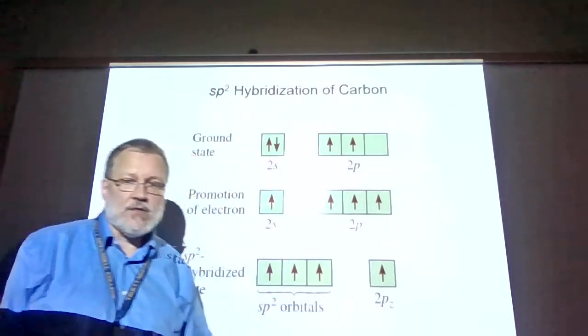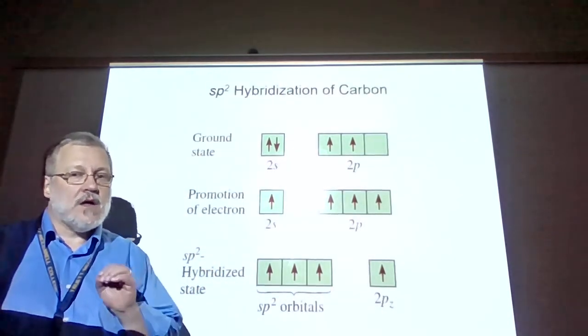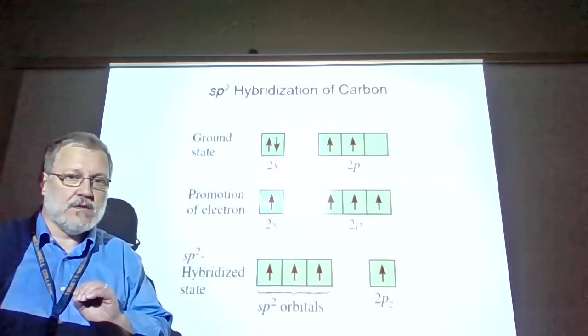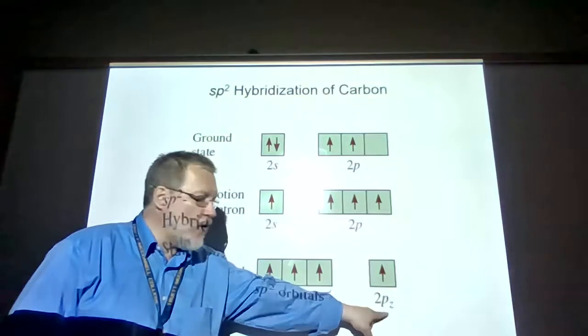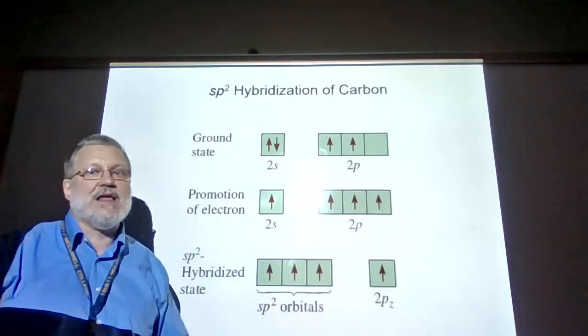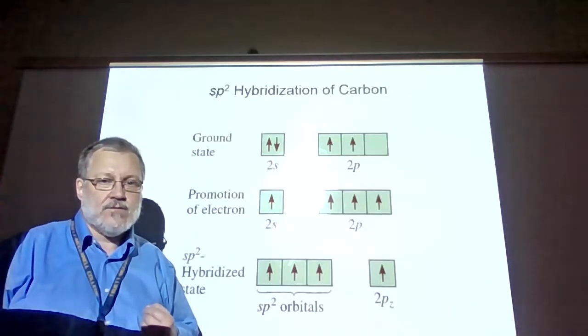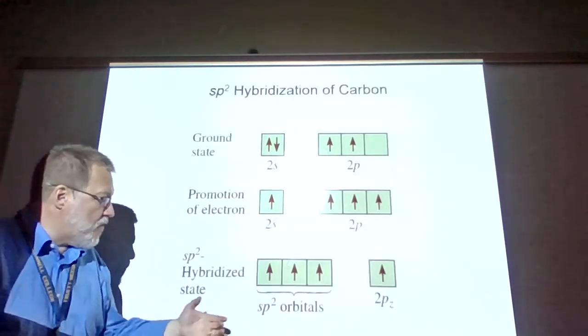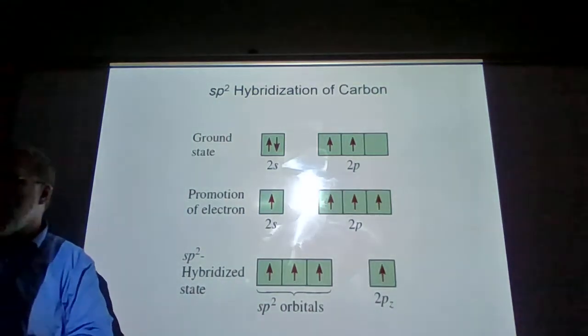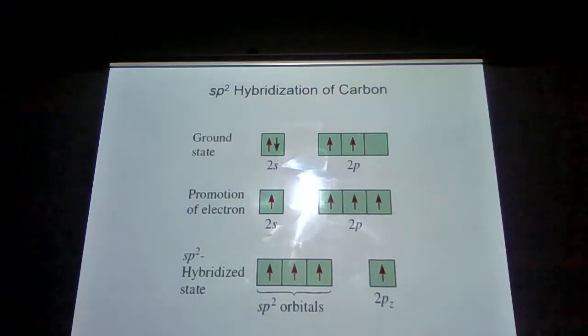The p orbitals are identical. They are degenerate in their energy states. Therefore, we don't know if it's the pz. We are just arbitrarily designating it's the pz that is unhybridized. So we get 3 sp2 hybridized orbitals.